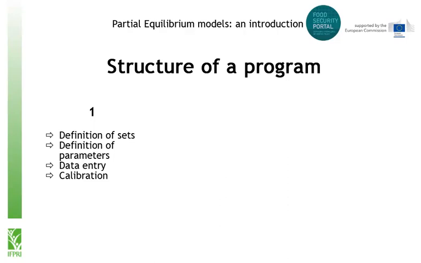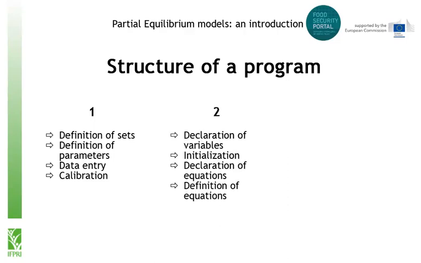We cannot use a set if we do not declare this set before. So in the GAMS file, we have to start with this. Then the second phase is to make the declarations of the variables, the initializations, the declarations of equations, and the definitions of equations.